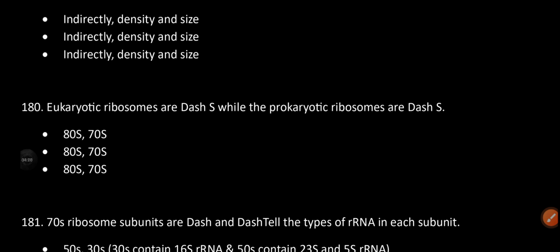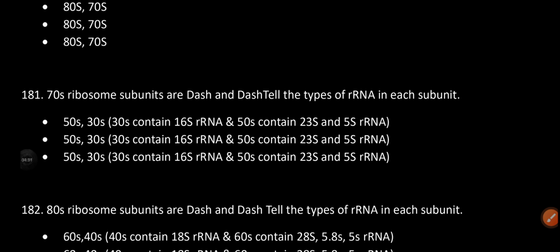Eukaryotic ribosomes are dash S, while the prokaryotic ribosomes are dash S. 80S and 70S. 70S ribosome subunits are dash and dash.